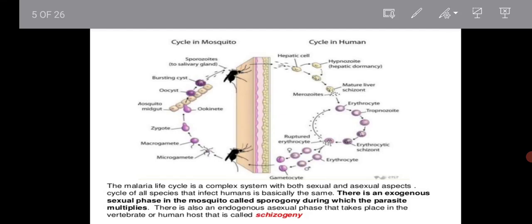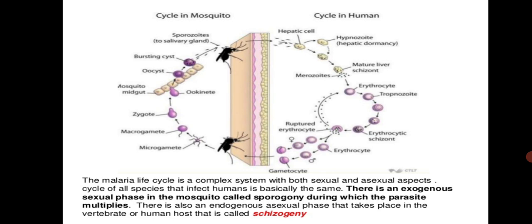When an infected mosquito bites an uninfected human, the sporozoites from the mosquito enter the bloodstream of the human, and through the blood these parasites reach the hepatic cells.